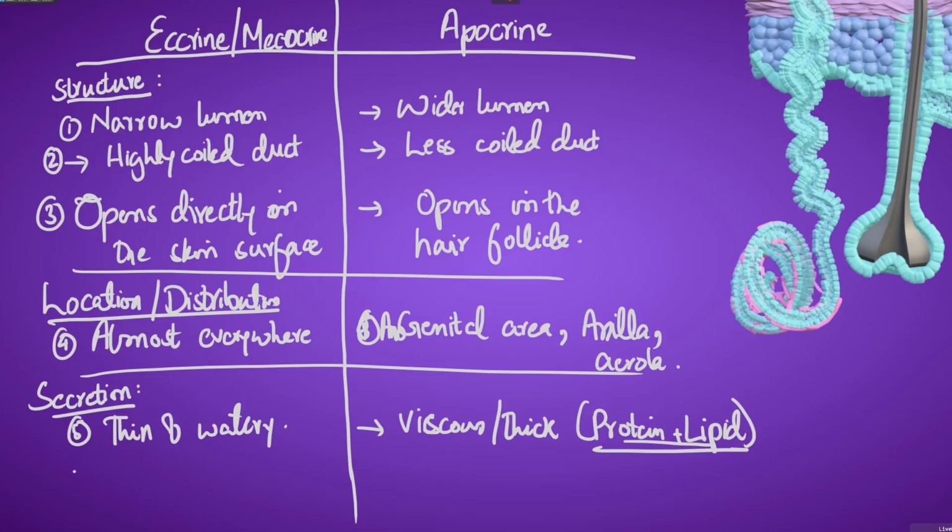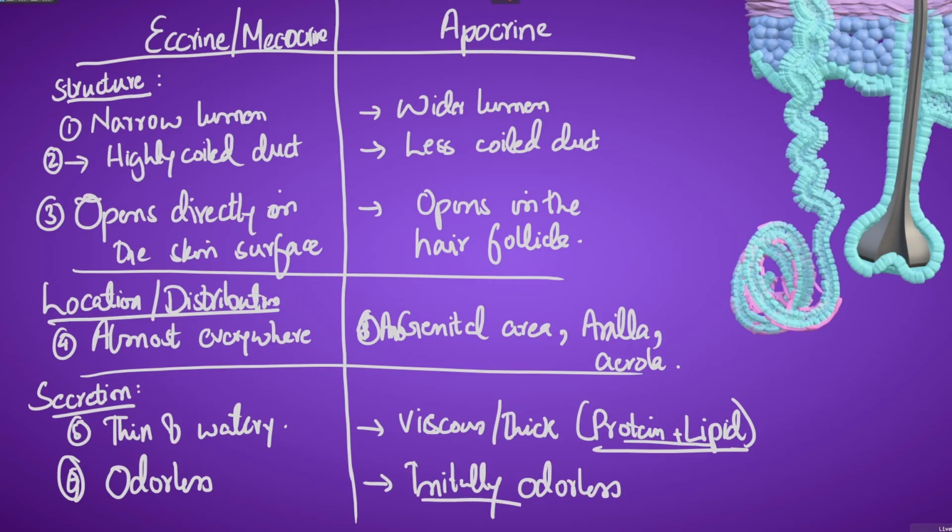And then we know that this one is odorless. Interestingly, initially this one is also odorless. Initially both are odorless, but here, because there are certain lipids present, and some of these lipids are loved by our normal flora of bacteria, some bacteria try to break down these lipids, and due to the bacterial breakdown, they release some smell.